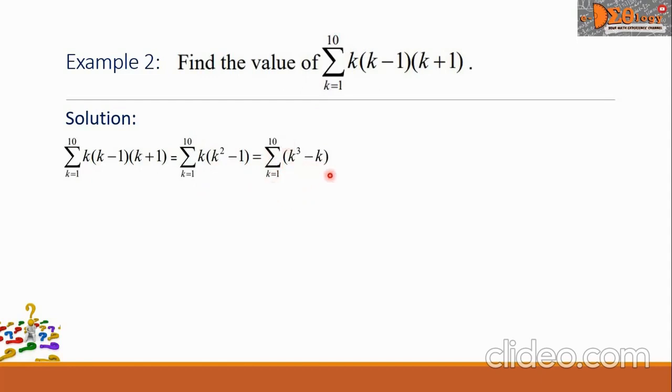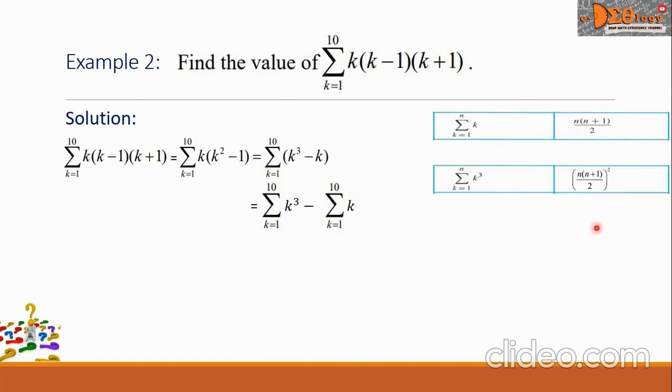From here, we're going to distribute the summation notation into k cubed and then with the minus k respectively. So we will have like this, summation of k cubed, where k equals 1 up to 10, minus summation of k, where k equals 1 up to 10. In our list of formulas a while ago, we have like this. We're going to substitute the corresponding values respectively.